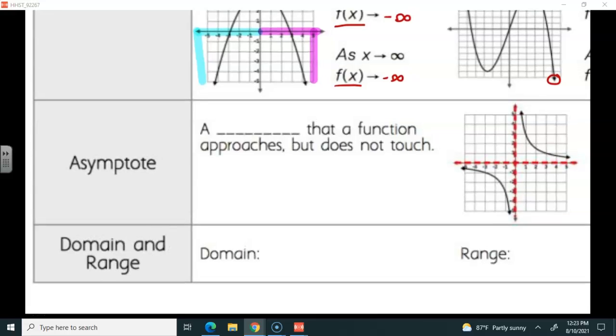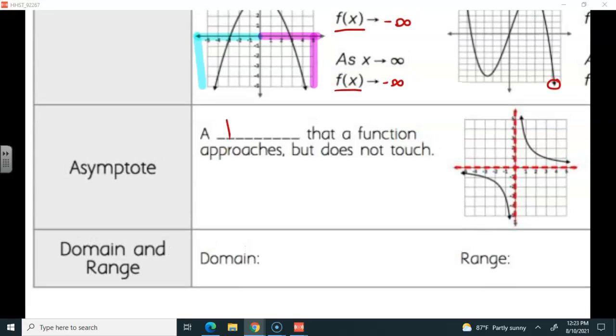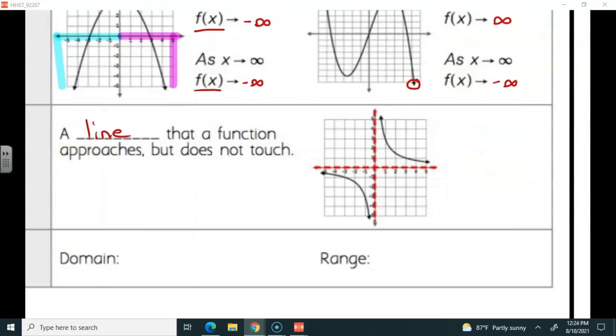All righty. An asymptote is a line that the function approaches but does not touch. So here we have the asymptote x equals 0, and that is a vertical line. So that is a vertical asymptote.